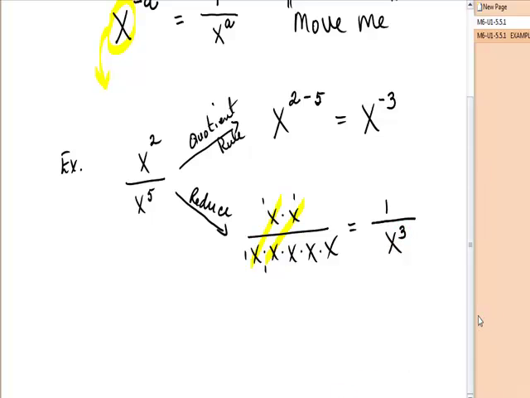Now, I want you to take a look at this. This statement is telling me that an expression is equal to x to the negative 3. But that expression is also equal to 1 over x to the positive 3, so these two must be the same. So a negative exponent simply says, move me.